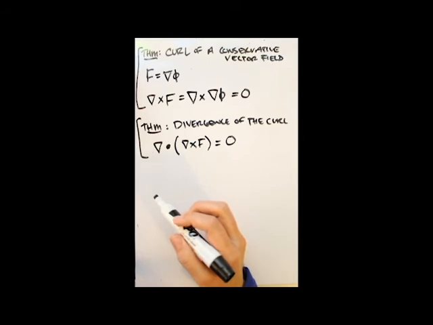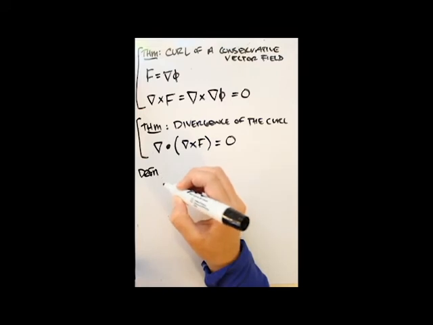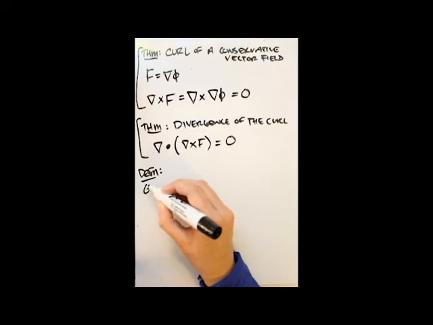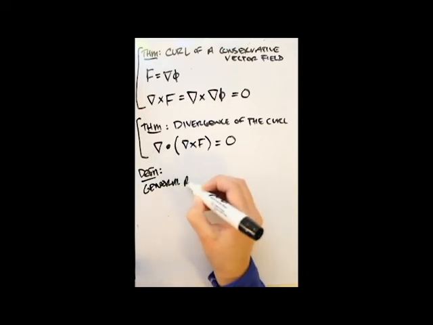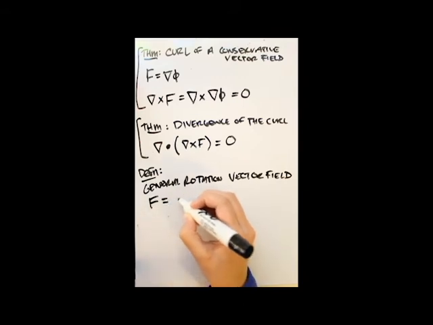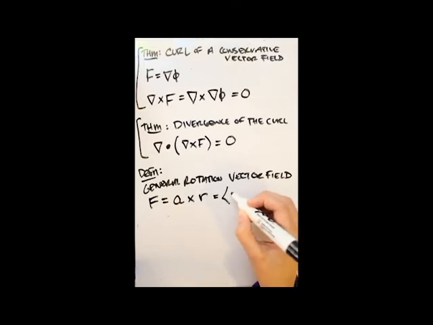Now, the last thing to look at is the definition of, like I mentioned a moment ago, a general rotation vector field. The general rotation vector field is F, where F is the cross product of A with R. A is a constant vector, so we'll call it A1, A2, A3, and R is just X, Y, Z. This is the cross product right there.